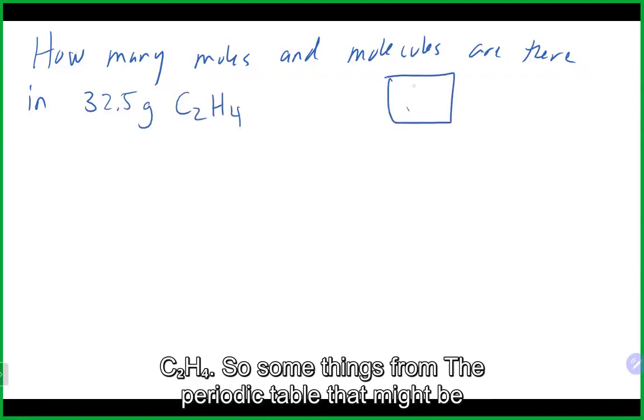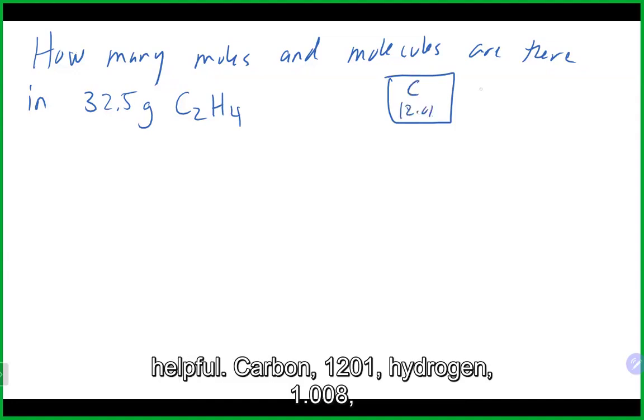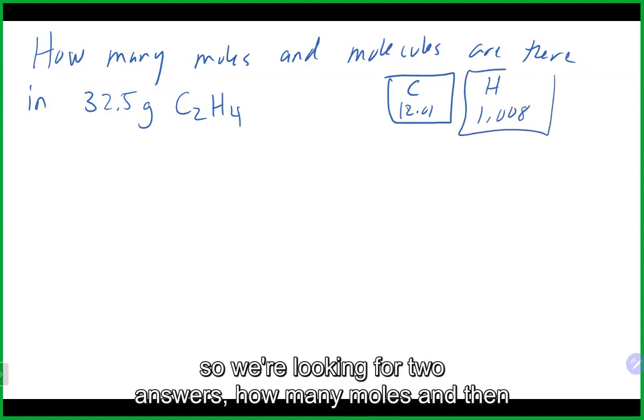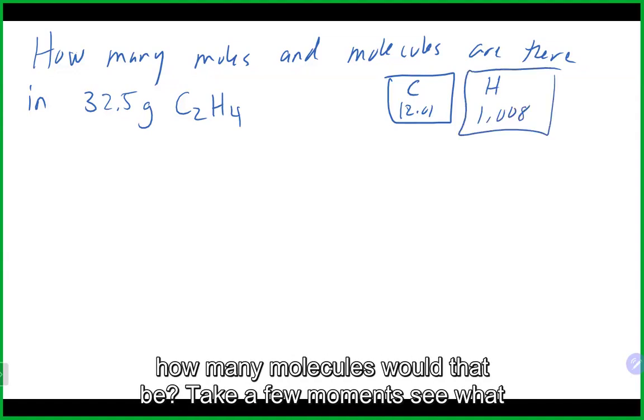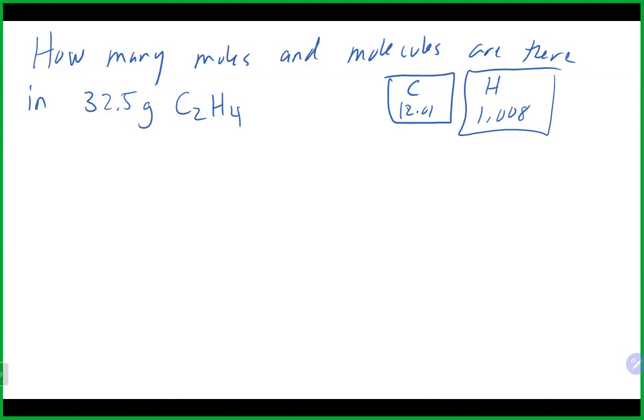Some things from the periodic table that might be helpful: carbon 12.01, hydrogen 1.008. So we're looking for 2 answers. How many moles? And then how many molecules would that be? Take a few moments, see what you come up with.